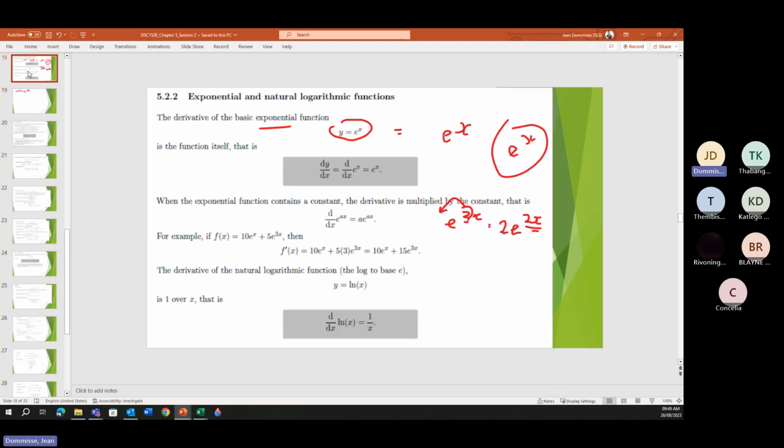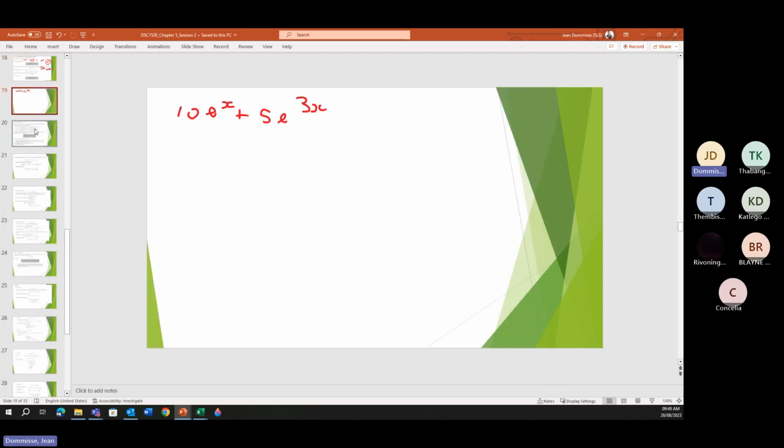Okay, so interesting in this one is that you have that. So what we could have done is just to show how it's being done. There is always a number in front of the x or anything.